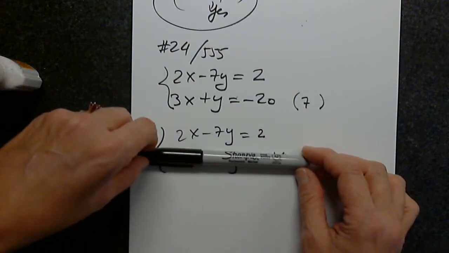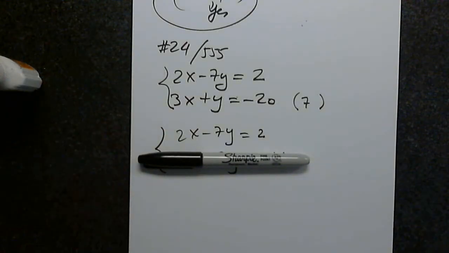Okay, don't disregard the second equation for a moment. Now, when I say to you 2x minus 7y equals 2, I'm giving you a balance. The left-hand side is 2x minus 7y, and the right-hand side is 2. So they are the same.